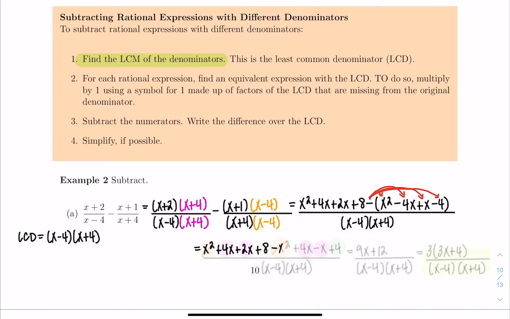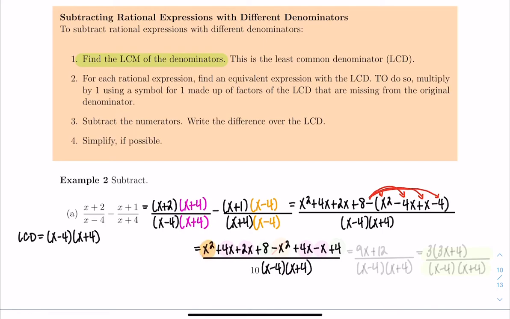And we're going to get minus x squared plus 4x minus x and plus 4 all over the LCD. And the last thing we want to do is combine like terms and simplify.